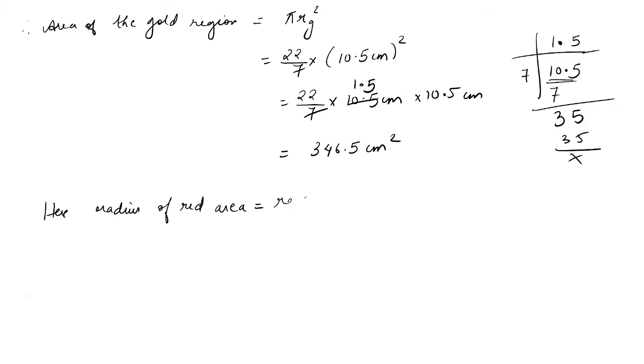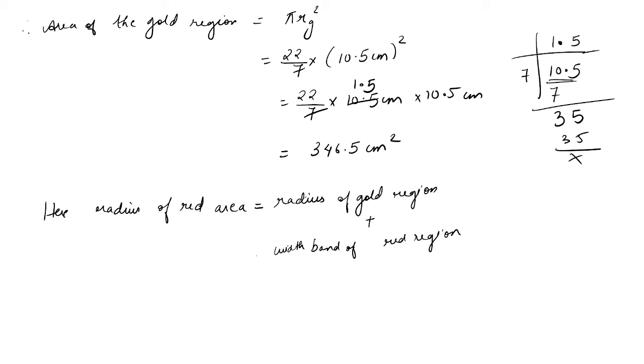It is going to be the radius of gold region plus the width band, red region.